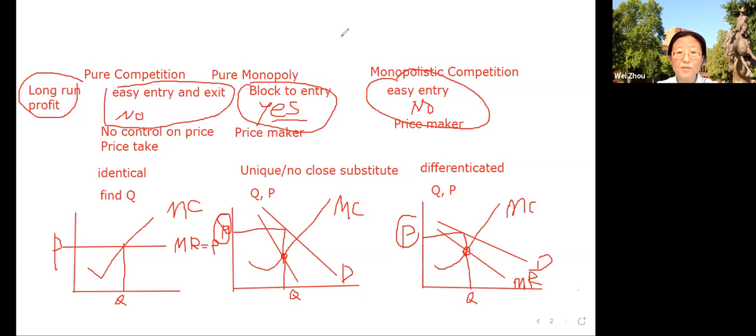Okay, next one. We talked about the number of firms. Do you have control of the price? What product you produce, and how to find the output level to maximize profit. We talked about the long run profit.